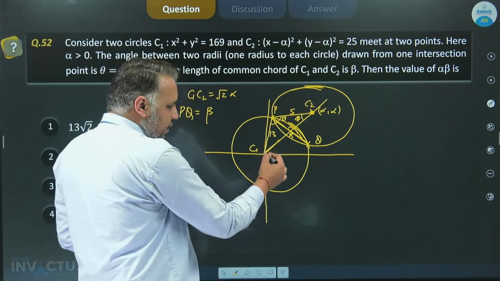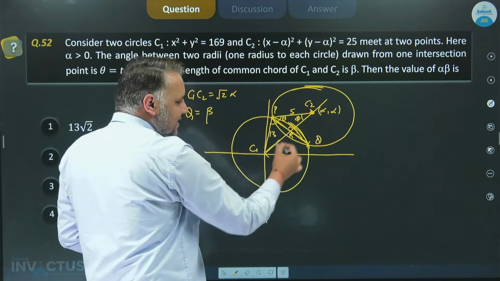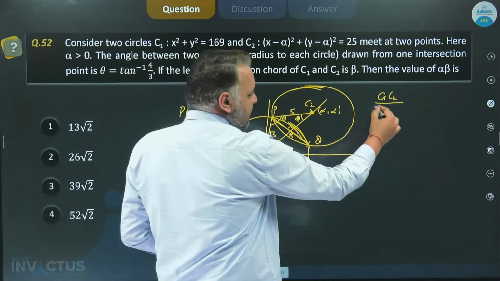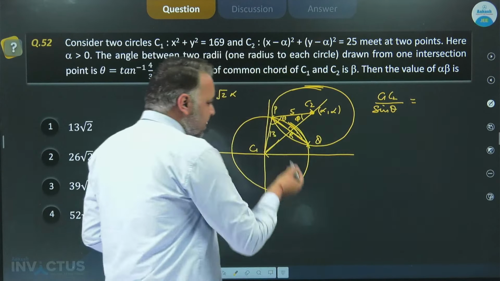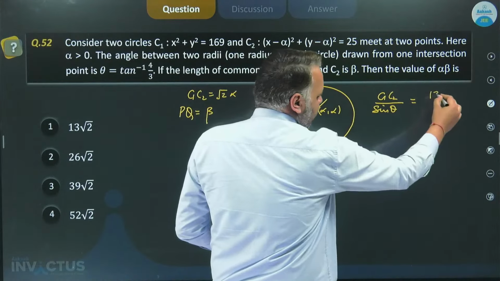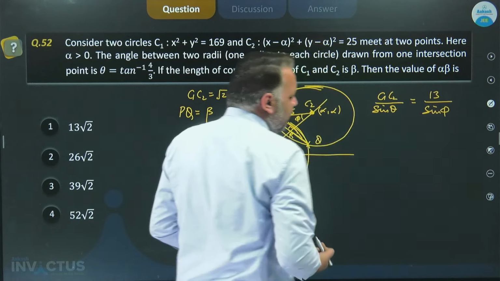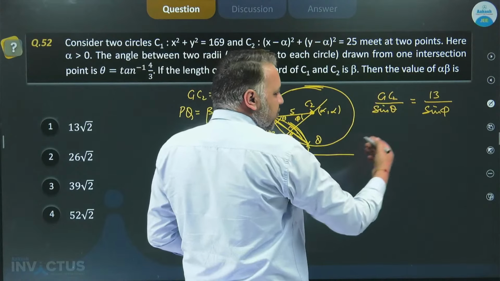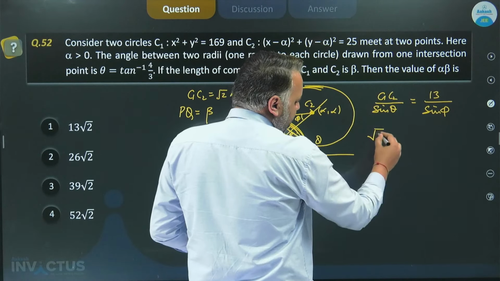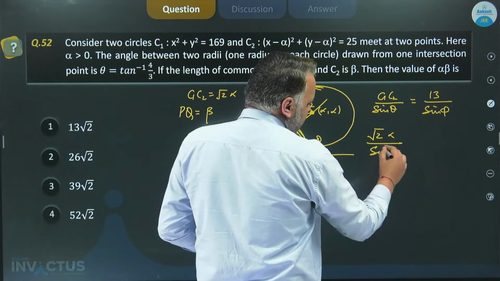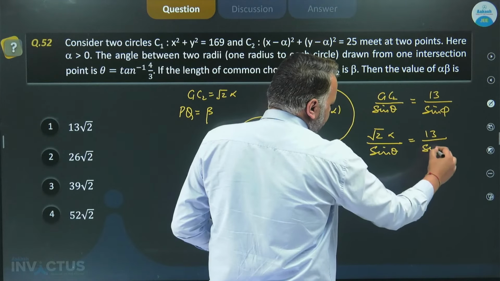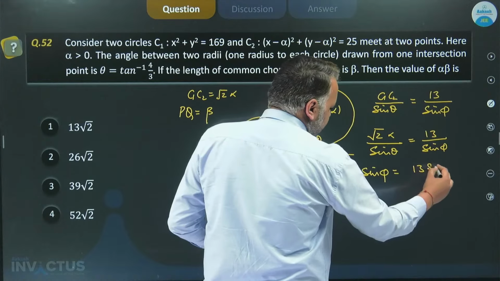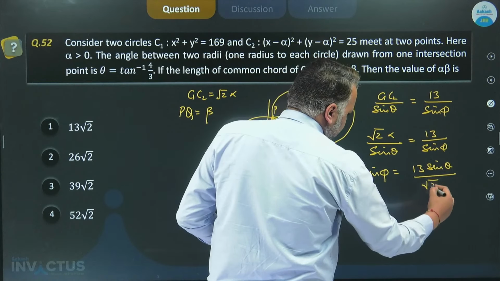In triangle C1PC2, apply the sine rule: C1C2 divided by the sine of the opposite angle, sin theta, must equal 13, this side length, divided by the sine of the opposite angle, phi. Since C1C2 is root 2 alpha, root 2 alpha divided by sin theta is 13 divided by sin phi. From here, sin phi is 13 sin theta divided by root 2 alpha.